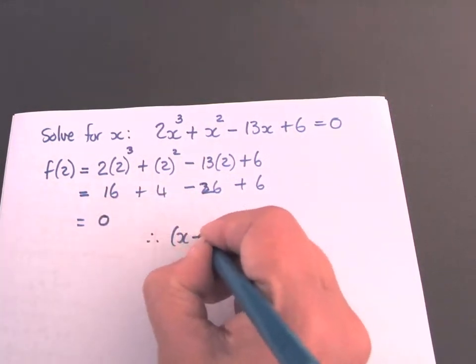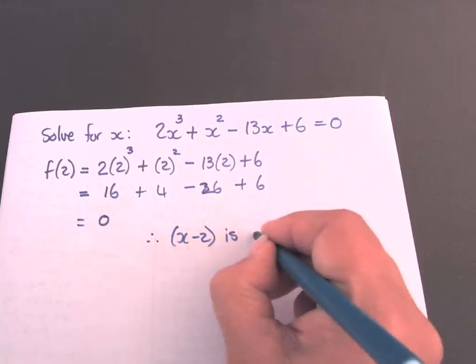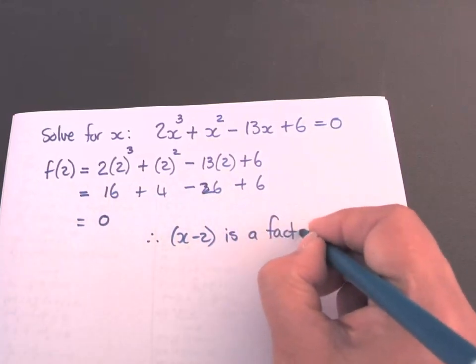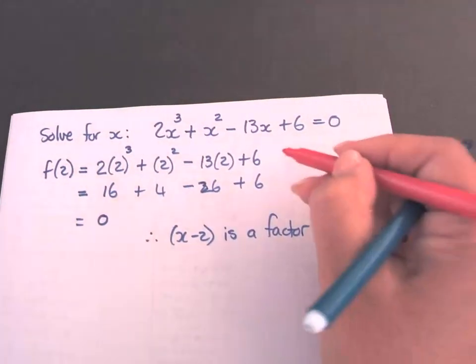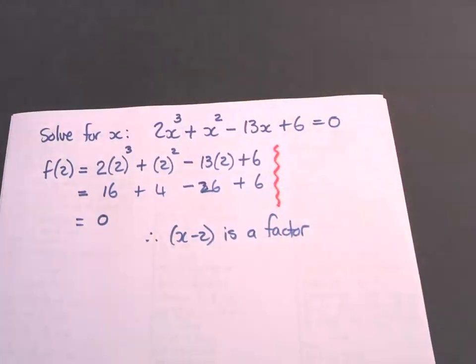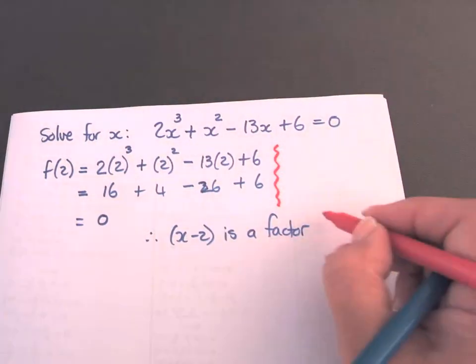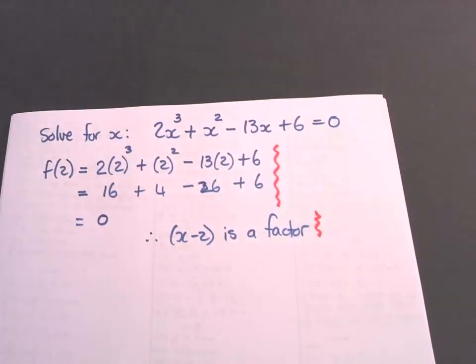Therefore, x minus 2 is a factor. You have to show the substitution and you have to write your factor.